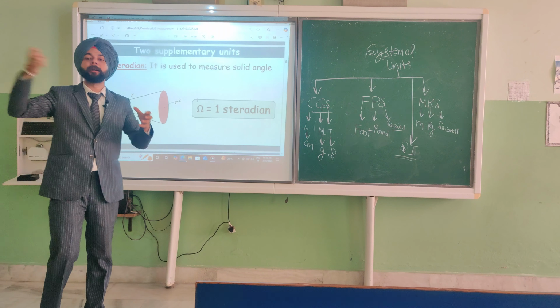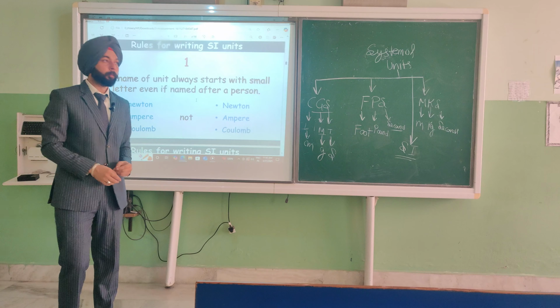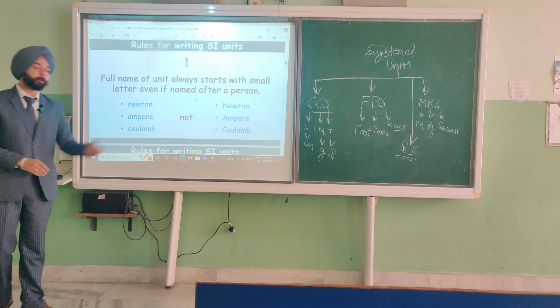So I repeat, the full name of a unit always starts with a small letter even if the name is named after a person. Newton you will write this way, not this way. And ampere, it is correct, not A with capital A. And coulomb, in 12th grade first chapter you will learn about electric charges, and there you learn about Coulomb's law.